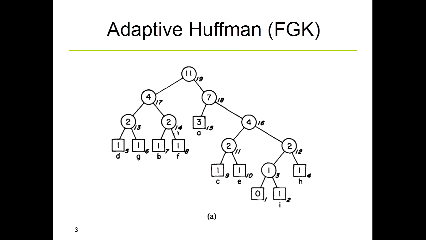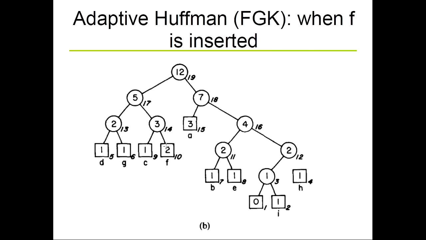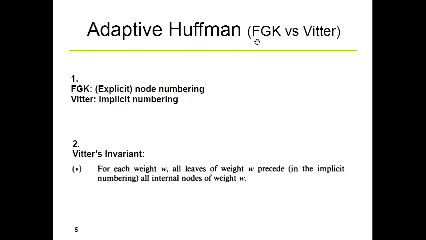Start with 1, I insert one more F, it becomes 2. So essentially, you just increase the count here, and that's it, as long as you still maintain it such that the frequency closer to the root node is high, and the least probable one is further from the root node. You are fine. Now, the Vitter version has more invariance.